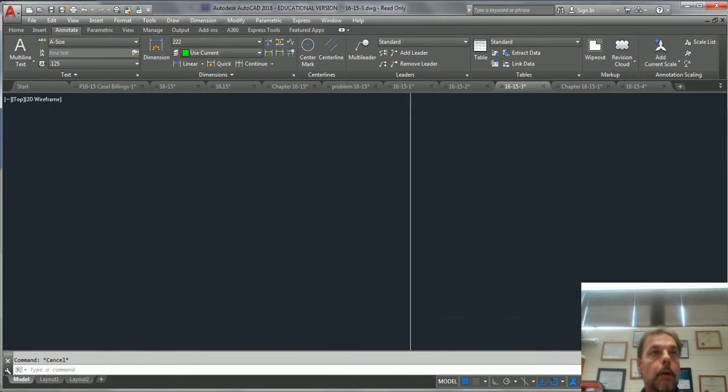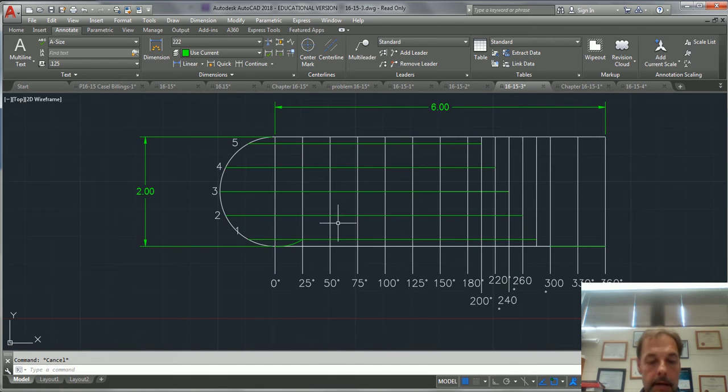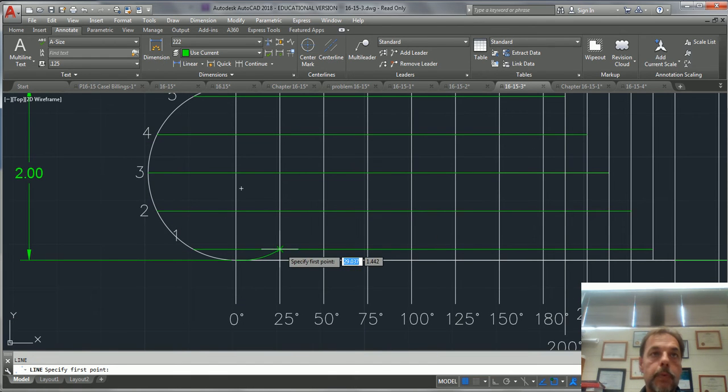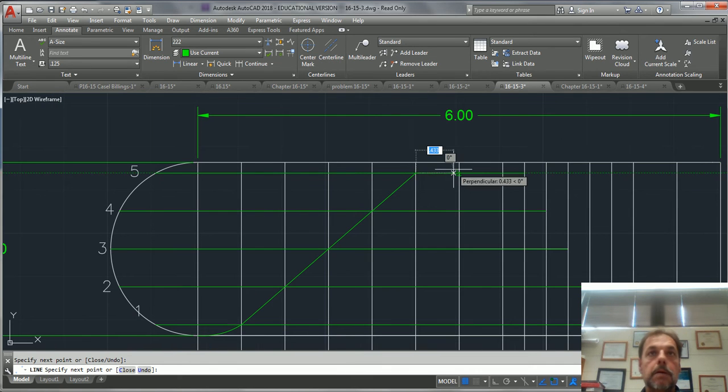Make sure it doesn't go down below. Trim. Alright, do me a straight line. This point, this point, this point, this point, this point. See, where's my 150?